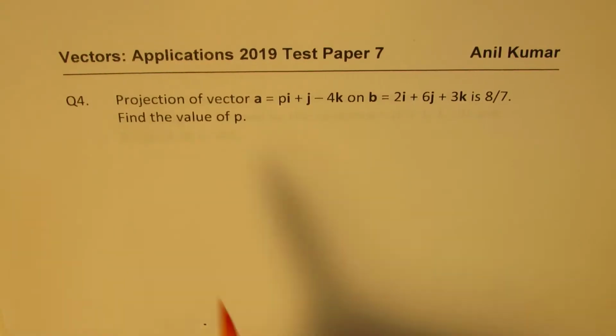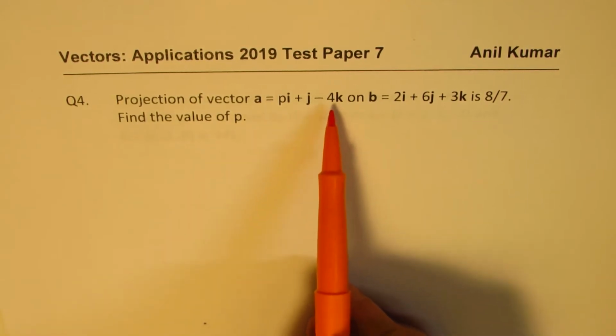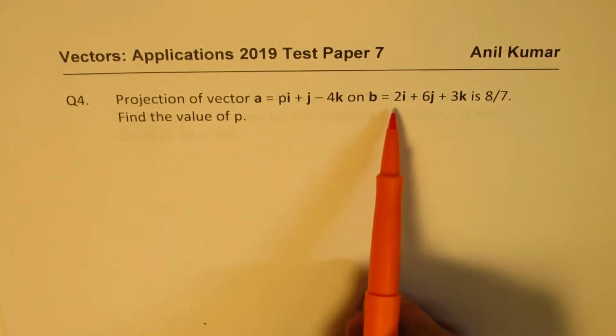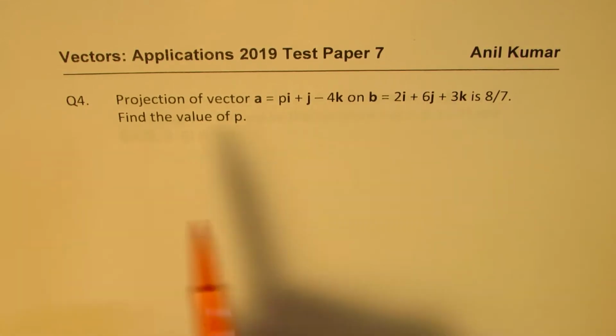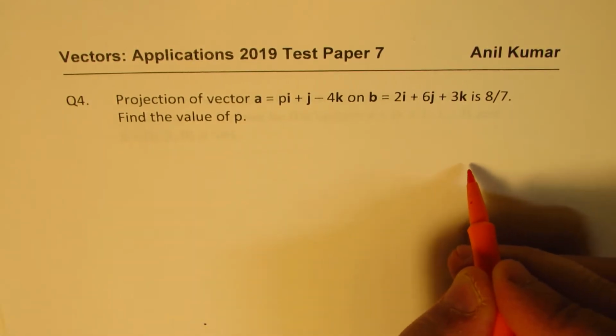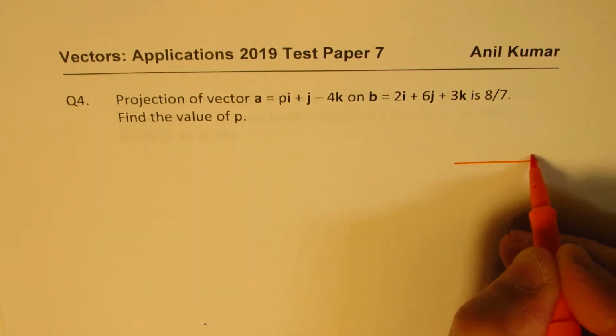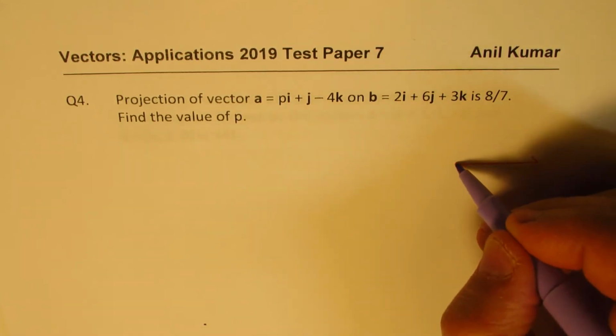The question here is, projection of vector A equals pi plus j minus 4k on B, which is 2i plus 6j plus 3k, is 8 over 7. Find the value of P. So we are actually given the scalar projection of the vectors. Let us say this is one of our vectors. The other vector, let us say, is in this direction.